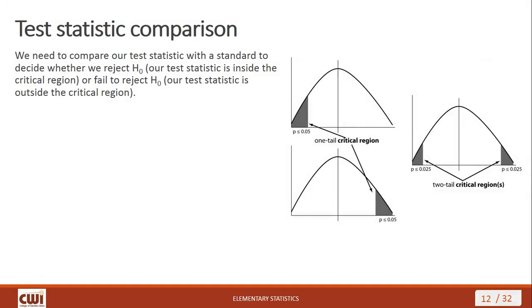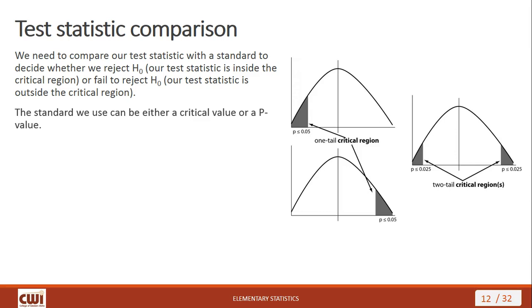Let's first look at how we use the actual test statistic. Once we have the test statistic calculated, we need to compare it with a standard so that we can make a conclusion that resolves our hypothesis test. We're going to need to know whether we reject H0 or fail to reject H0. And typically this is done by looking to see if our test statistic is inside the critical region or outside the critical region.